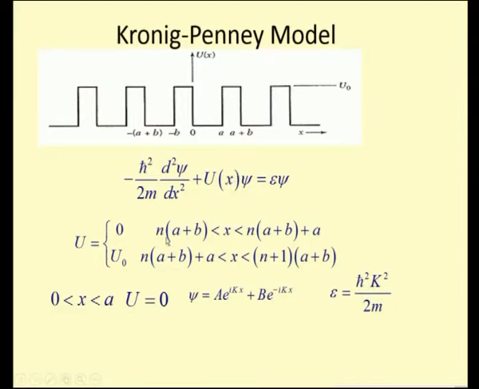We have some boundary conditions also for this, and we substitute E equal to h cross square k square by 2m, that is the kinetic energy part, with the potential, with the momentum equivalent to h cross into capital K, and u naught minus this energy is given this abbreviation.